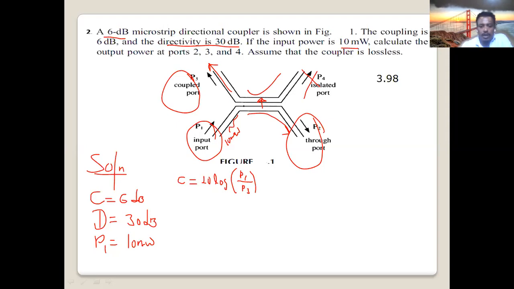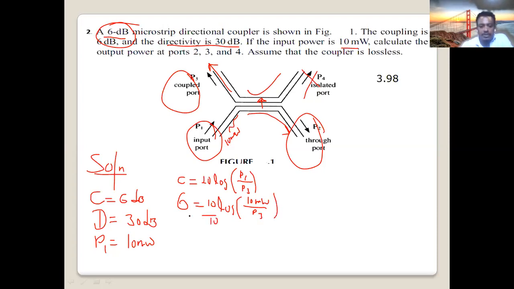In this case, this coupler has how much coupling? 6. C is now 6. So 6 = 10 log of P1, which is 10 milliwatt, divided by P3. We need to calculate P3 here. So what should we do?